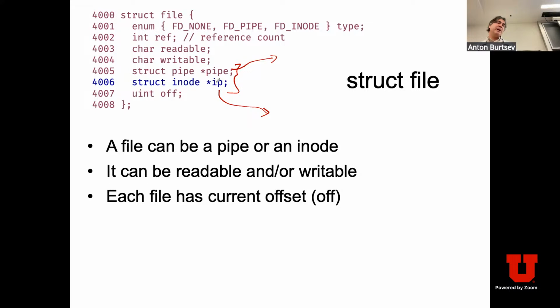The way it's implemented, the file itself tracks the type. So it's either a pipe or an inode, and it can be either readable or writable. When you open a file, you pass a flag saying I'm opening the file for writing or only for reading. Here you have either a pointer to an inode or a pointer to a pipe, and the offset within a file is tracked with this offset field, right?